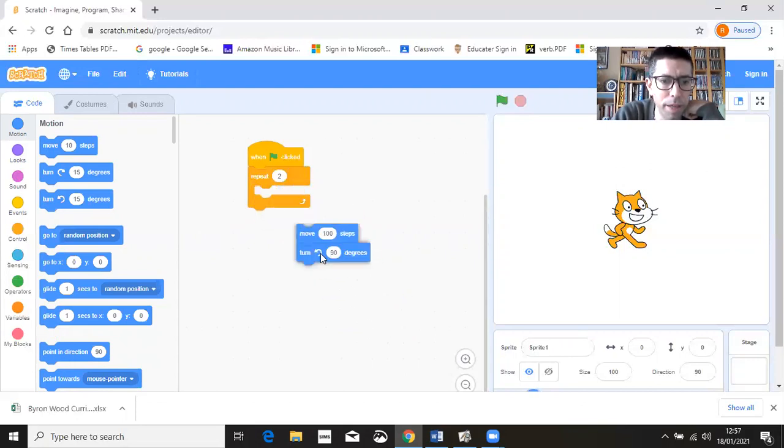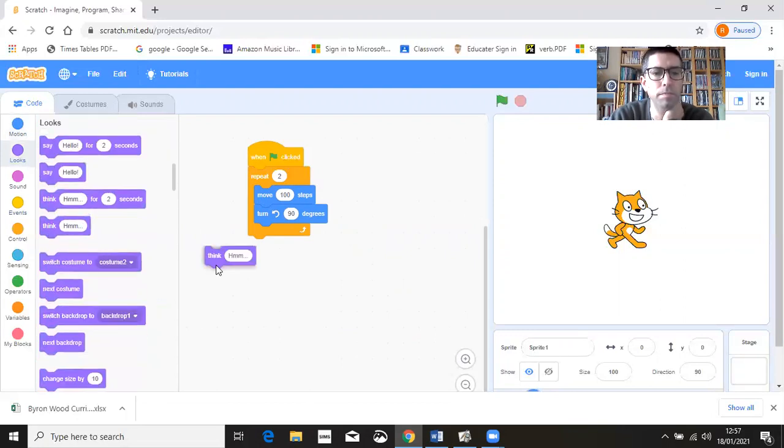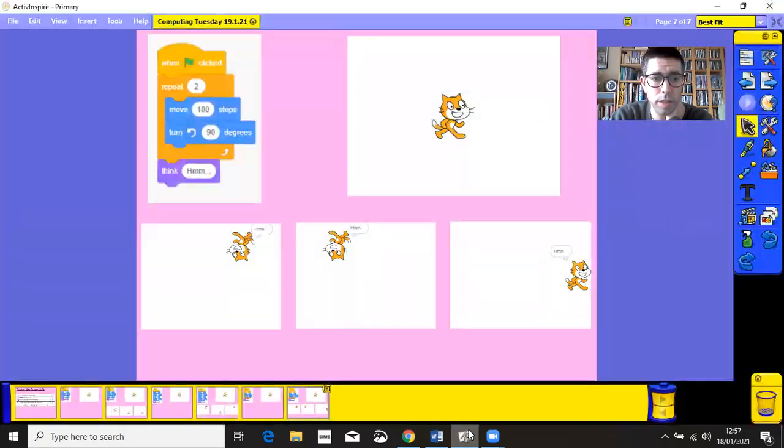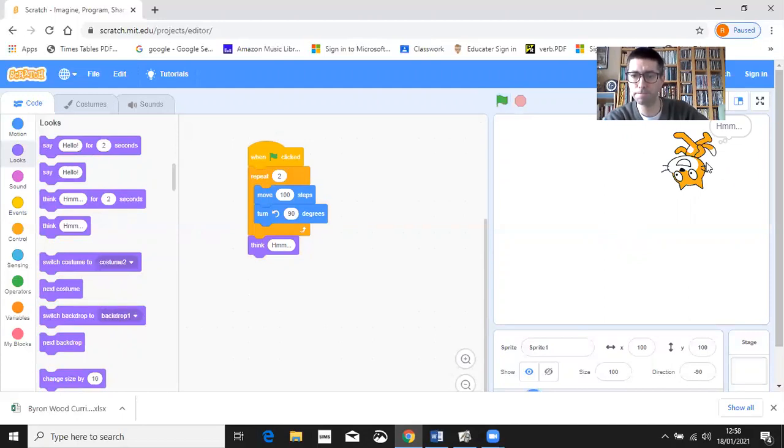Can you see it opened up to make room for it? There we are. And then the last thing was the thinking. I'm going to check that against the sheet. Yep, they're the same. Great. So now I press the green flag and I see what happens. Aha, he was up there thinking. So we got that one correct.